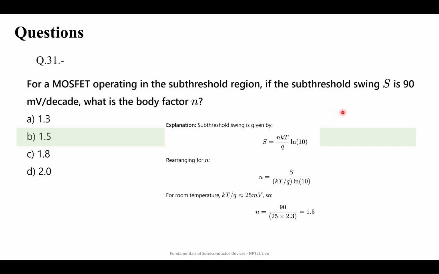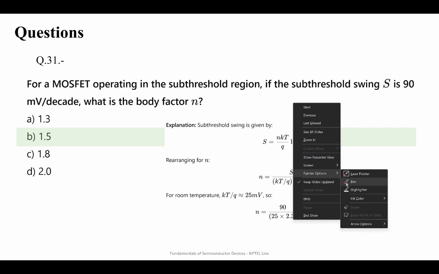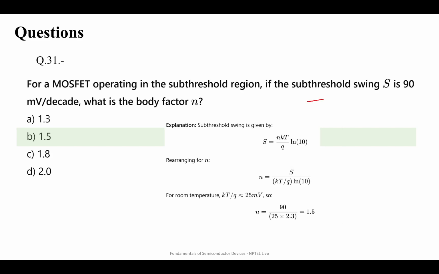In the subthreshold region we studied that my current I is given as I naught e power q Vg by kt.